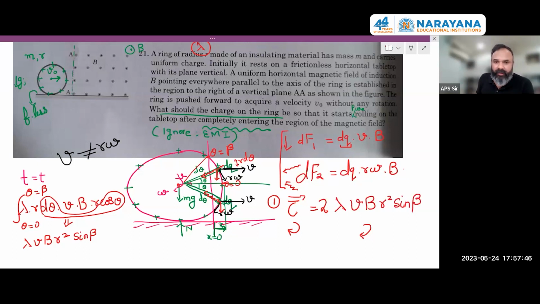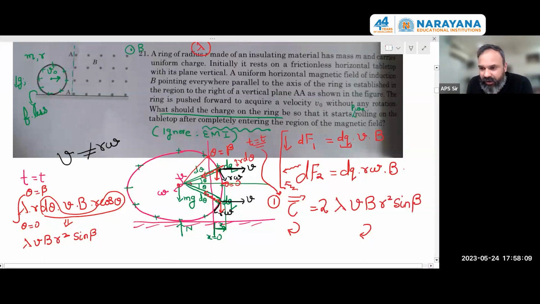Total torque at t equal to T. Remember, this beta is a variable angle because the total distance that it has entered will keep on changing. So this beta angle will keep on changing. So with respect to a general T, I've written this expression at t equal to T. At that location, I'm getting this much torque.